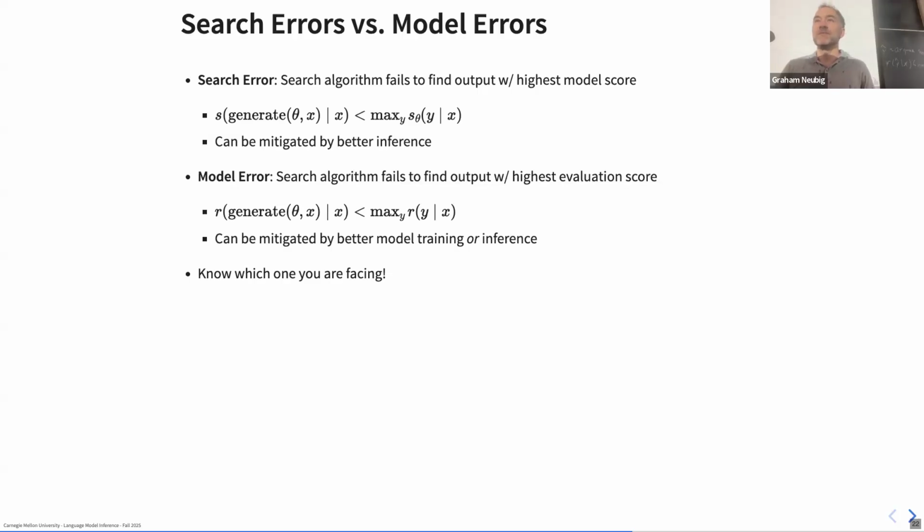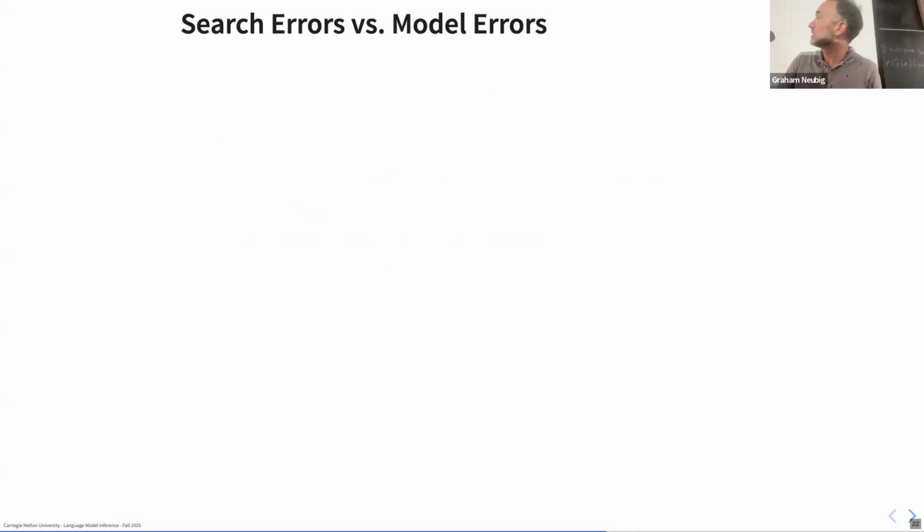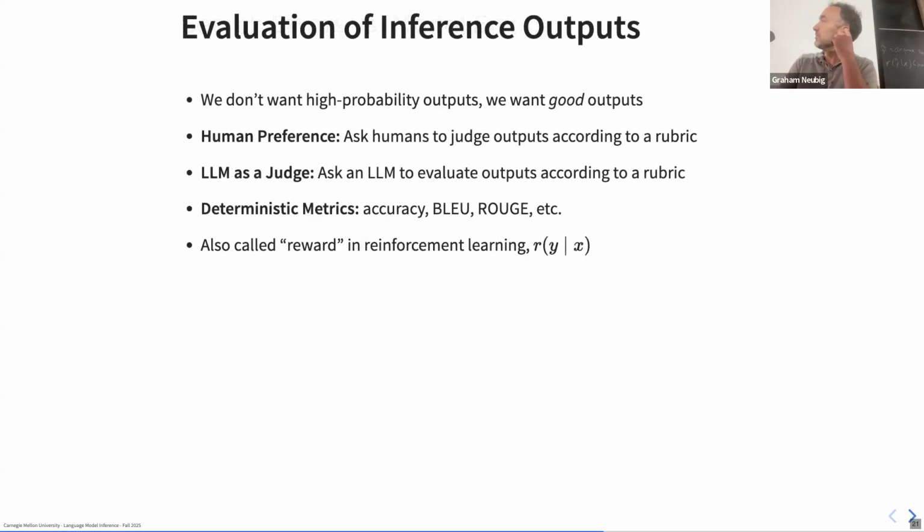Cool. And so the amount of search error and model error you have, does that vary based on how you're scoring and what good means? Yes, definitely. The question was whether the amount of search error and model error depends on what your reward function is.